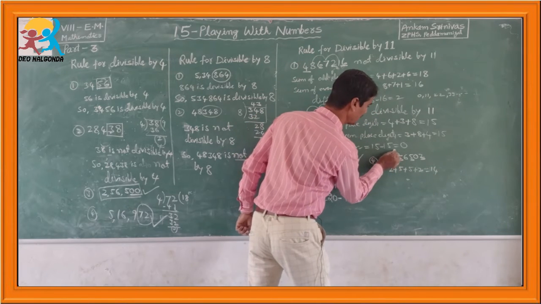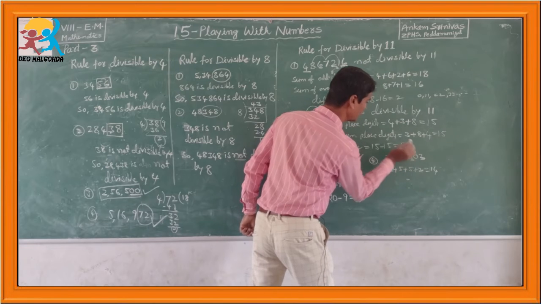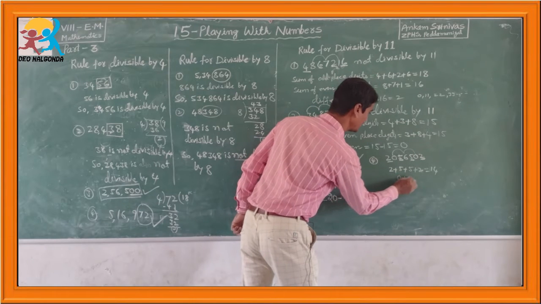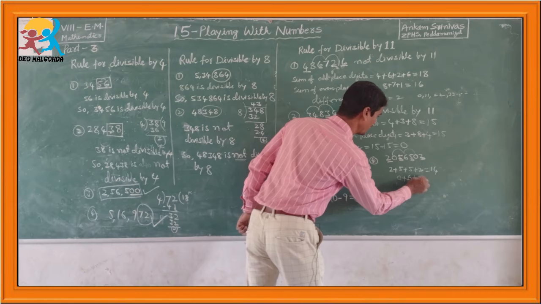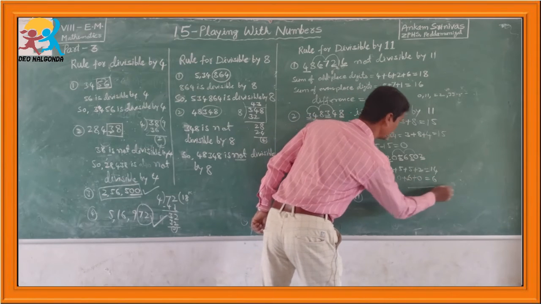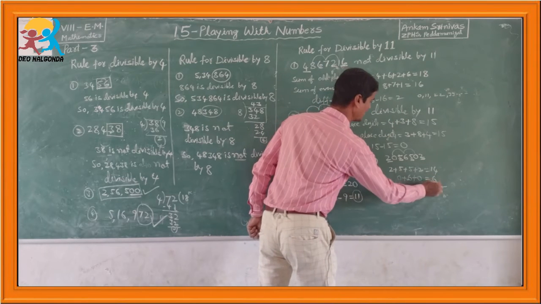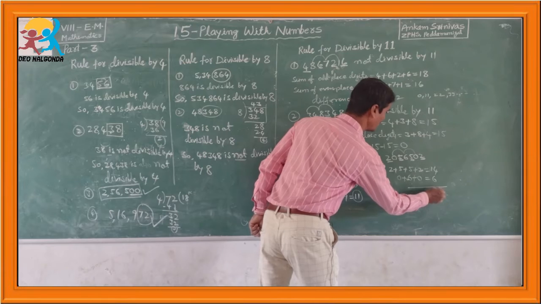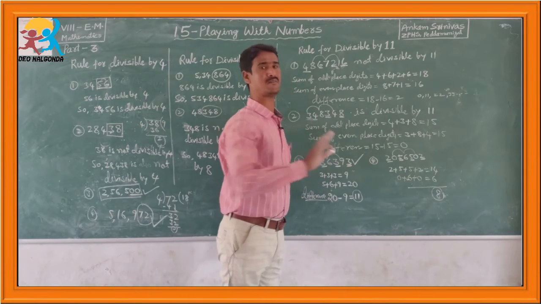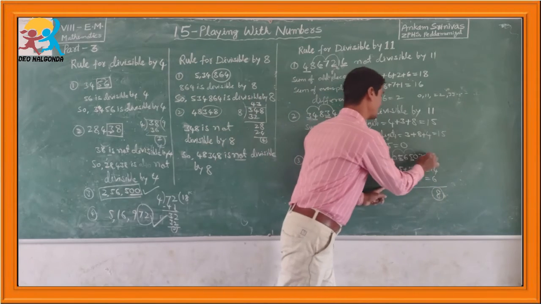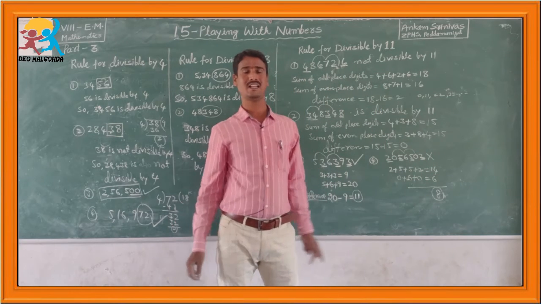And the remaining: 0 plus 6 plus 0, which is 6. Difference: 14 minus 6 is 8. So 8 is not divisible by 11, so the given number is also not divisible by 11.